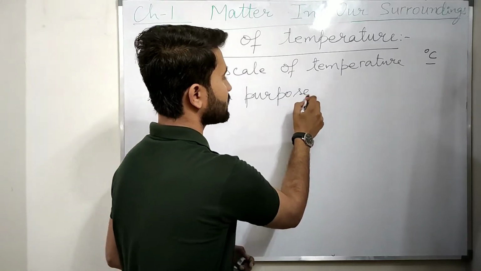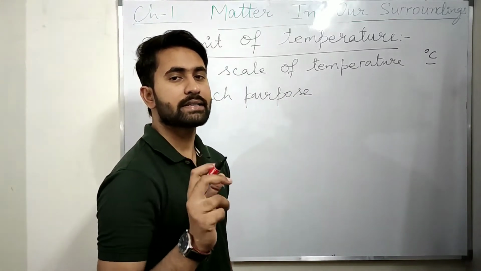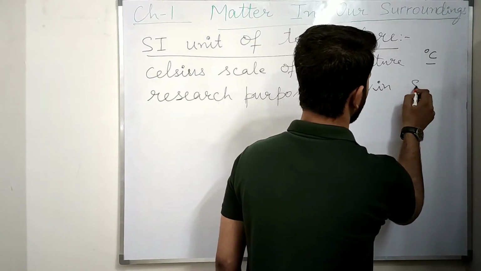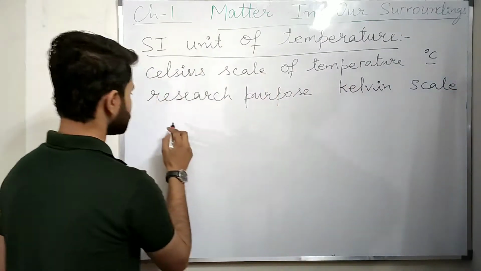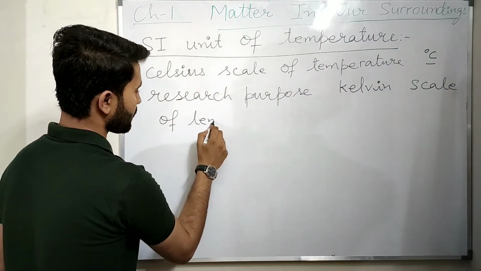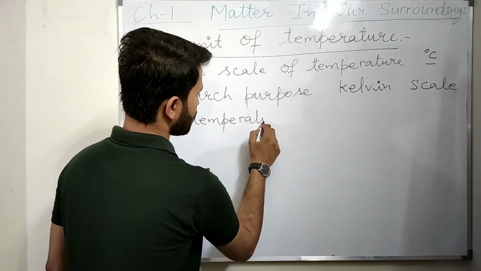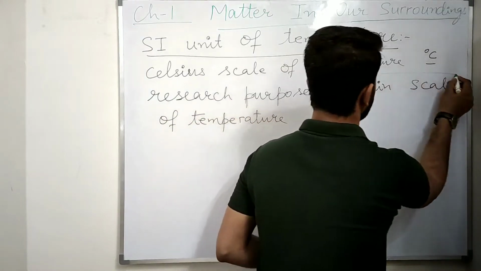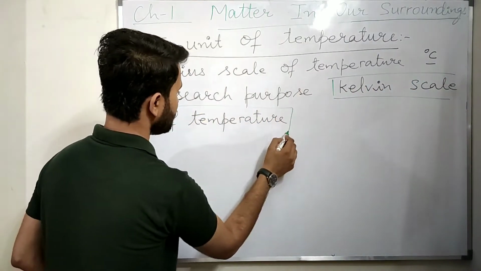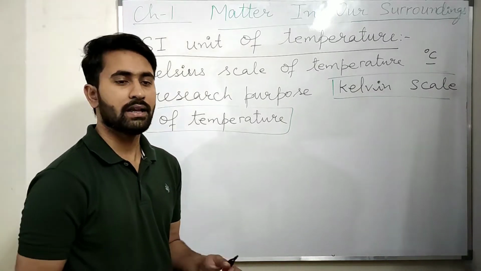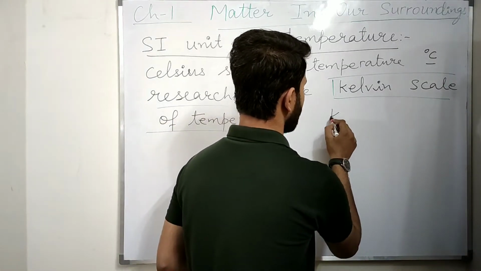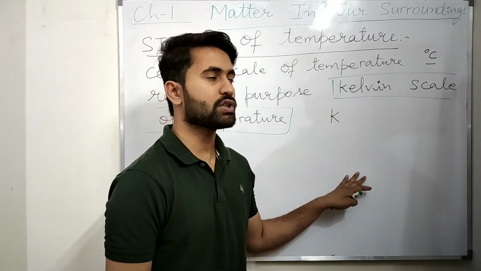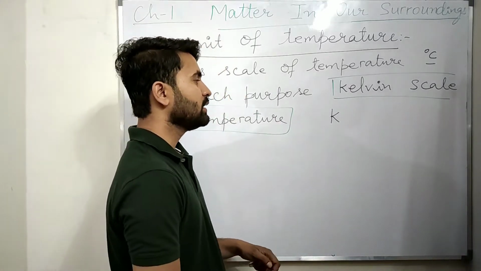And that scale is the Kelvin scale of temperature, and it is denoted by K. And whenever we write the temperature in Kelvin, we don't write degree with it.